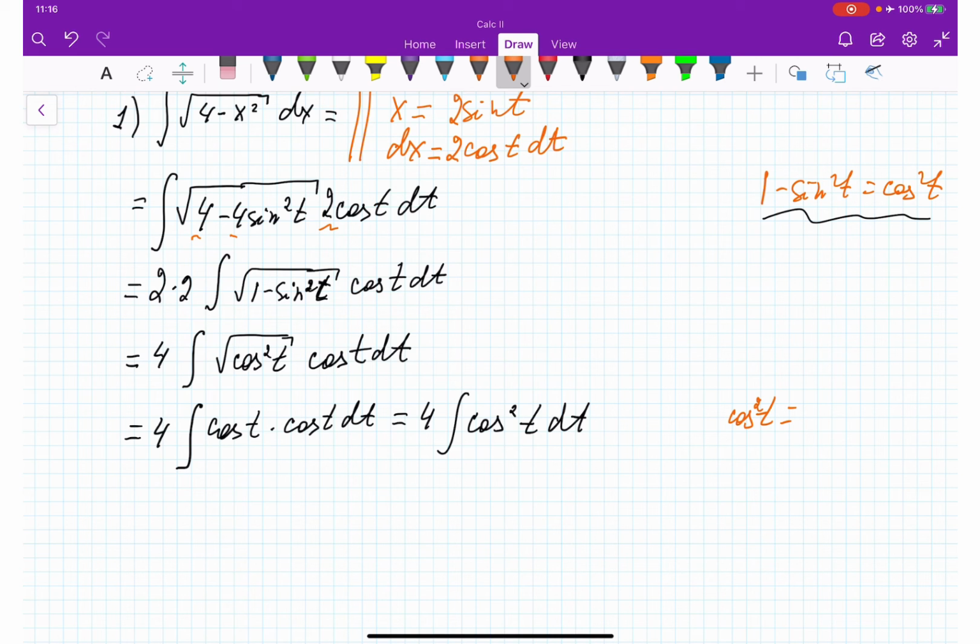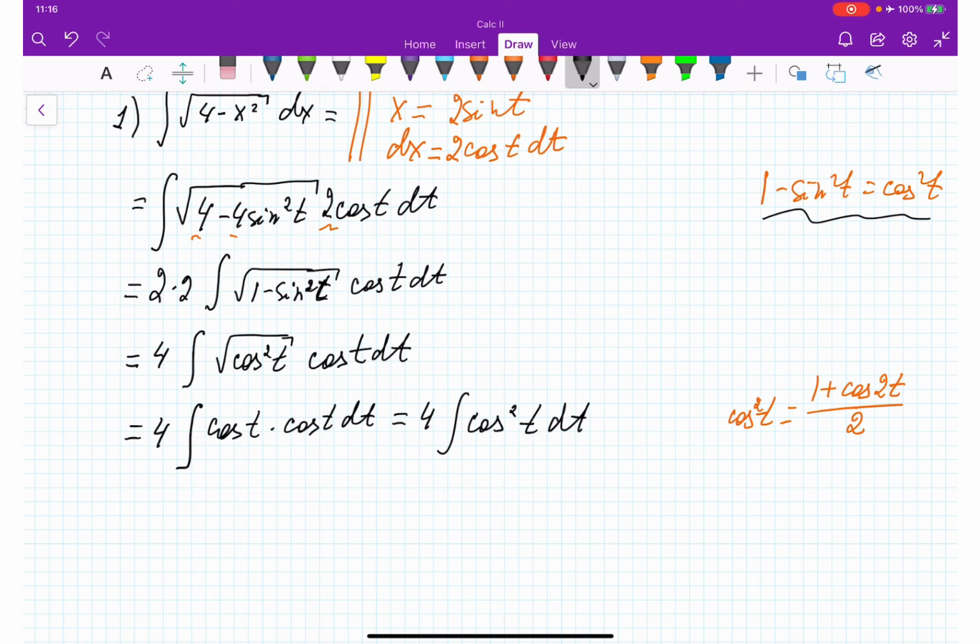Cosine squared t is equal to 1 plus cosine 2t divided by 2. Remember that formula? Okay. So it's a double angle, right?